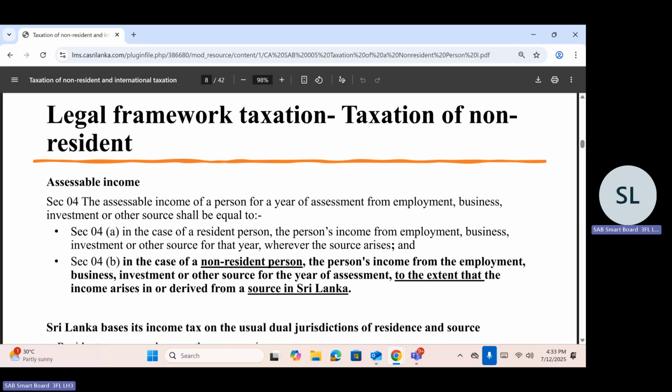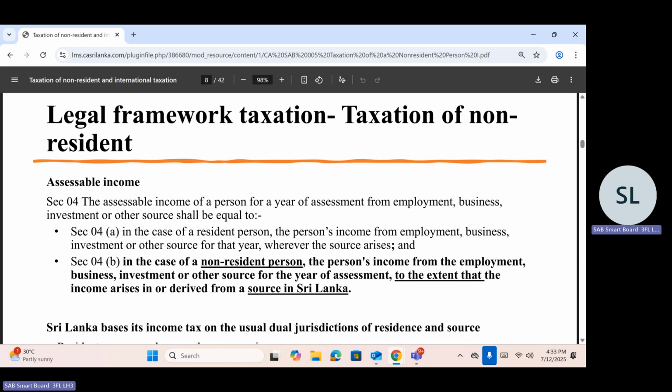But in the case of a non-resident person, we learn who is resident and non-resident. If there is income to that non-resident person generated from Sri Lanka, they are subject to Sri Lanka tax. Otherwise not. So the first thing, when determining taxable income, we have to check whether that particular person is resident or non-resident.